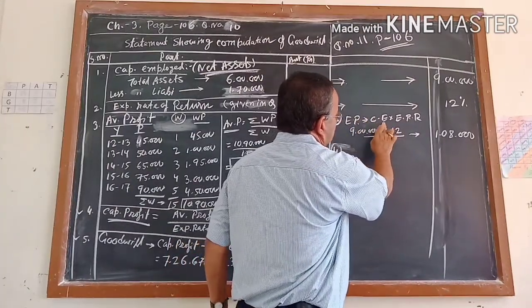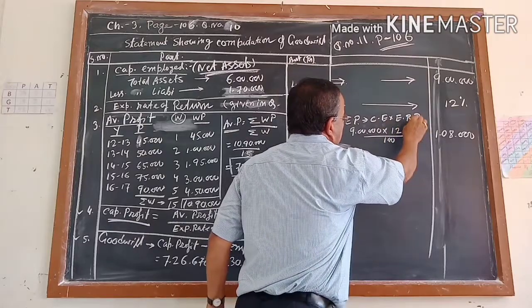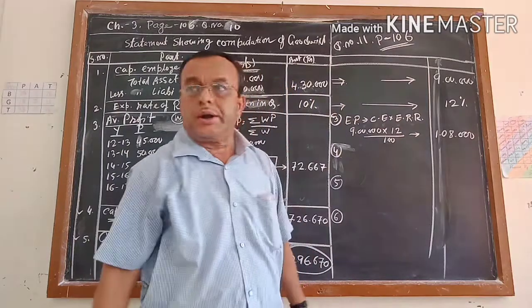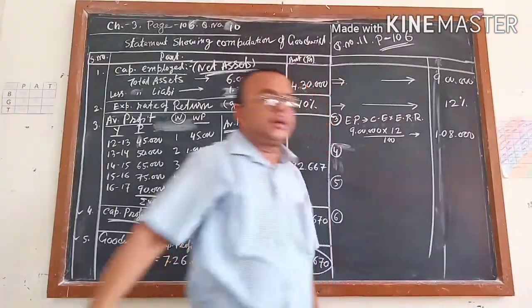Expected profit is equal to capital employed into expected rate of return. Capital employed is 9 lakh, into 12%. Multiply by 12, divide by 100, you will get 1,08,000. This is your expected profit.